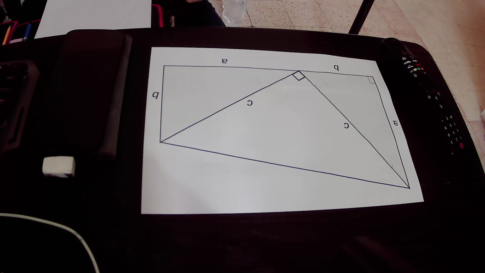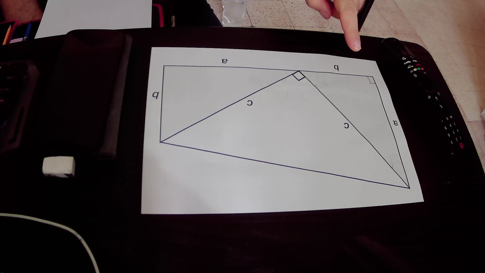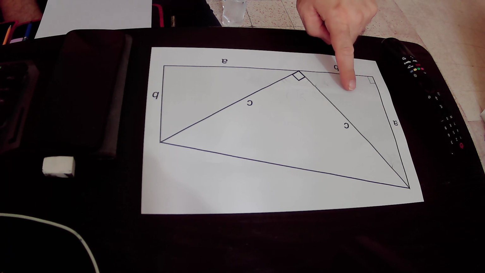The Pythagorean theorem relates to a right triangle, that is to say a triangle in which one of its angles is 90 degrees, like the right triangle on the right side of the picture.